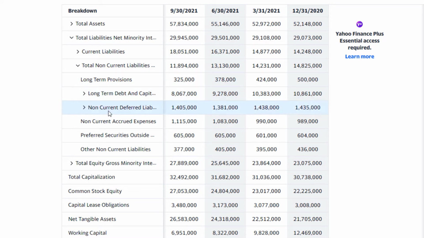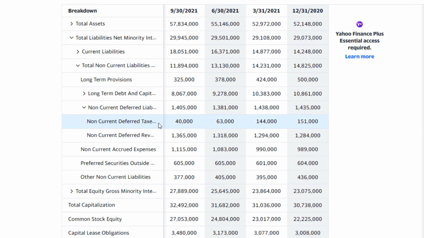And then you have non-current deferred liabilities. Again, you'd have to go to the website or to their detailed one to really look at these in great detail. But things like tax liabilities, taxes that we owe that might not be current or coming due soon. Or deferred revenue. Maybe we've deferred these taxes, or we deferred that revenue.